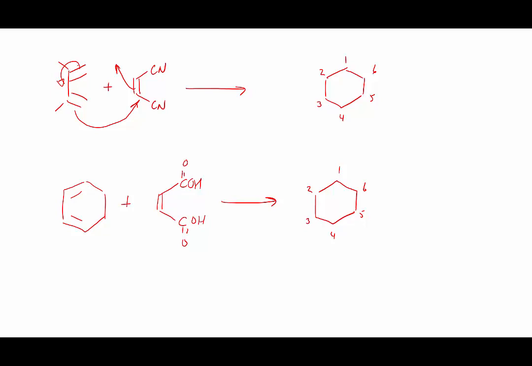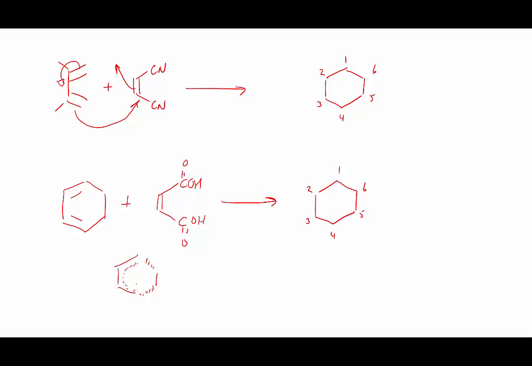And if I said transition state, the transition state would simply be a dotted line to each of the alkene carbons, and then a dotted line inside of the diene, and then two dotted lines to the, oh, I missed.